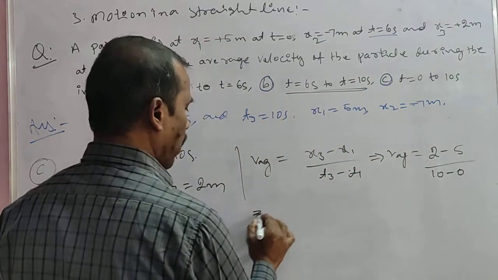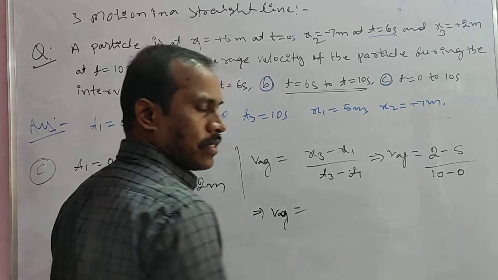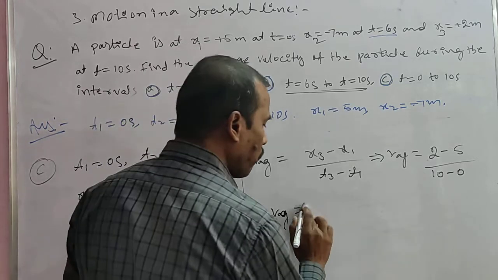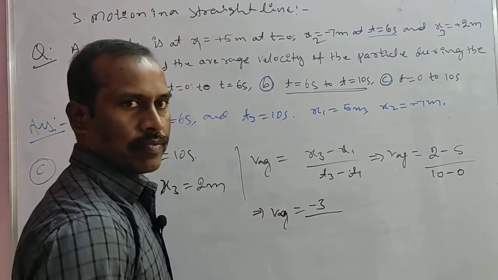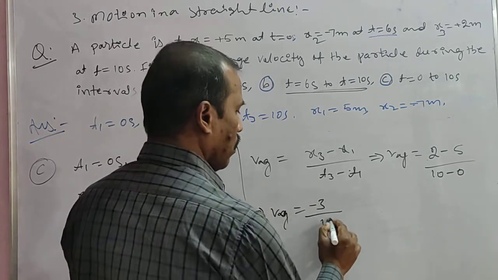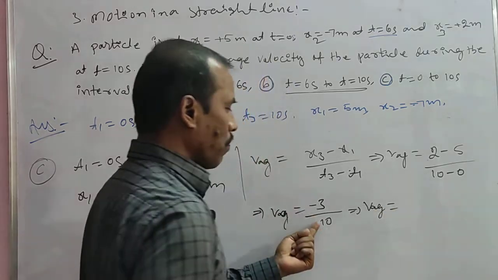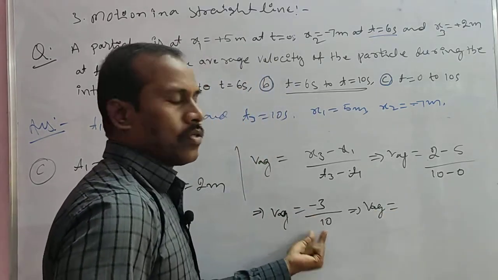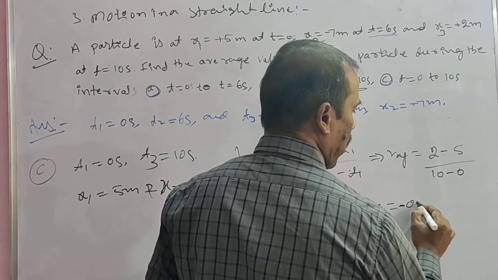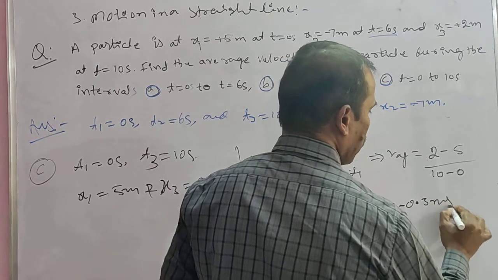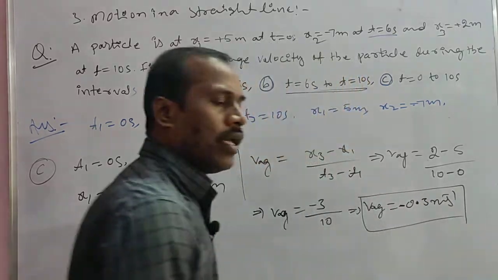Now simplifying, 2 minus 5 is negative, so minus 3 by 10 minus 0, so the denominator is 10. The average velocity is minus 0.3 meter per second. This is the answer. These are numerical problems.